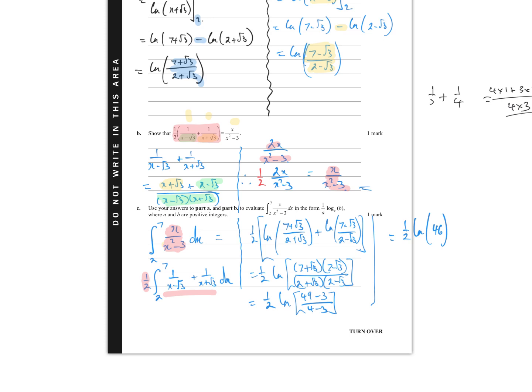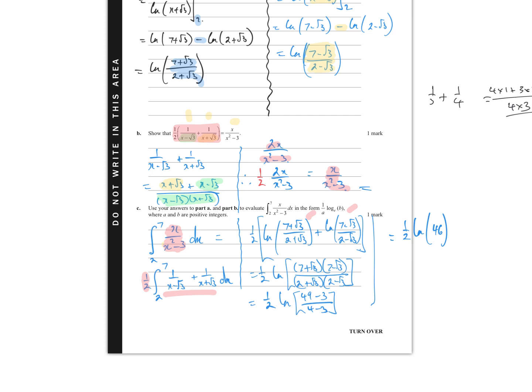And that expression from part A, if I work out the antiderivative, uses the two different log rules. So it all leads me to having a half of natural log of 7 plus root 3 over 2 plus root 3, plus natural log of 7 minus root 3 over 2 minus root 3, because the integral was evaluated between 7 and 2 already.